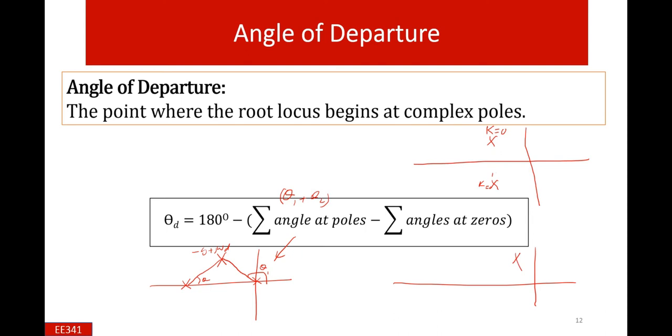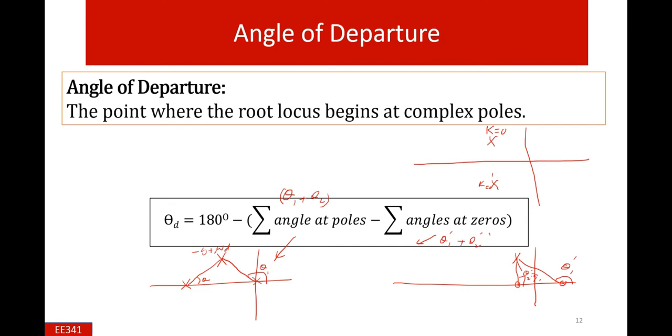And similarly, if there are two zeros, maybe one zero and a second zero, directly connected with the considered pole, then find this angle, which is maybe theta 1 prime, and similarly, for example, in this case it is 90, theta 2 prime is equal to 90. So here we will put theta 1 prime plus theta 2 prime.